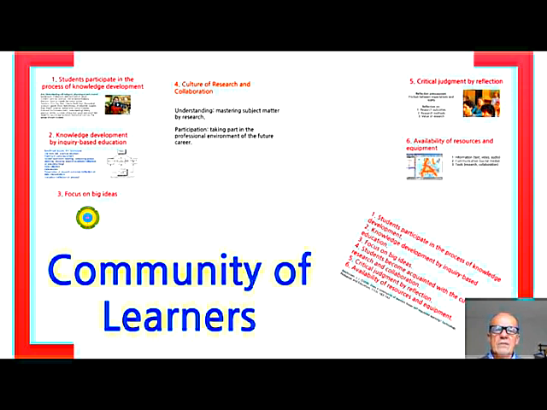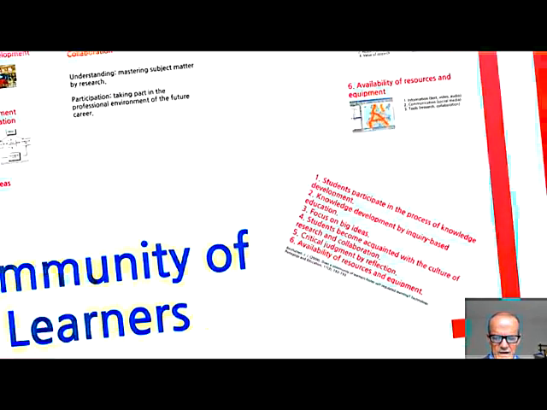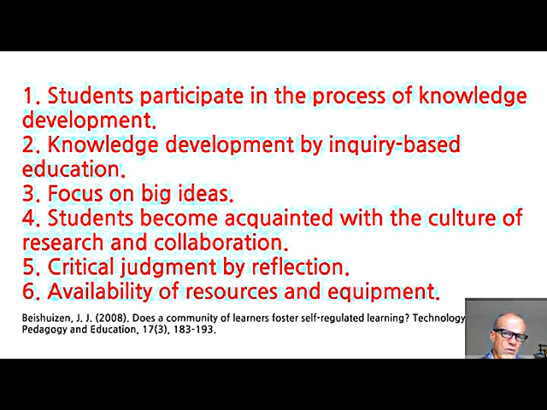Brown has made various publications on this particular subject, and together you can more or less extract a couple of principles behind the instructional model of the community of learners. I just list them here, and we are going to explore them further subsequently.